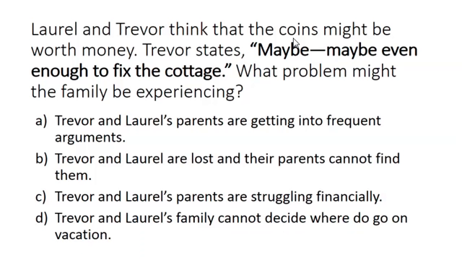A. Trevor and Laurel's parents are getting into frequent arguments. B. Trevor and Laurel are lost and their parents cannot find them. C. Trevor and Laurel's parents are struggling financially. D. Trevor and Laurel's family cannot decide where to go on vacation. Pause and take a moment to select the best answer.